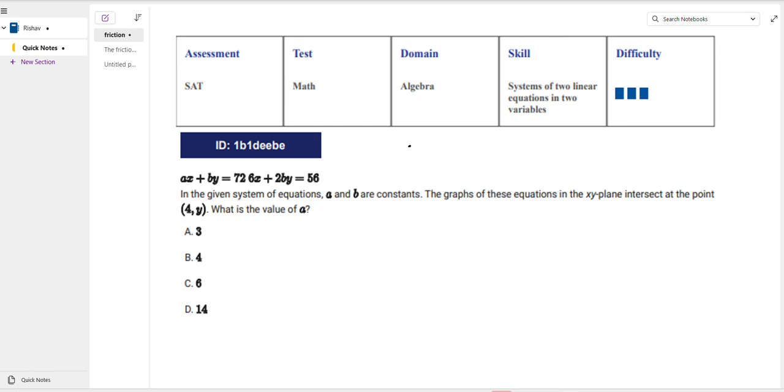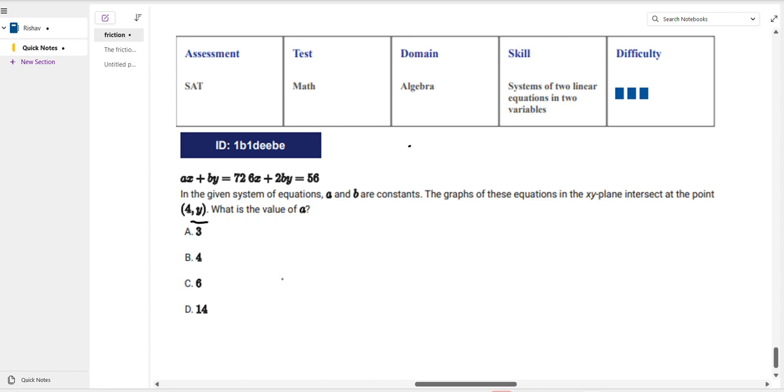We have been given two equations. The question has given two equations to us, and the graphs of these equations in the xy plane intersect at the point 4 comma y. What is the value of a? Okay, so both equations have a common point, which is 4 comma y. So we have to find the value of a.